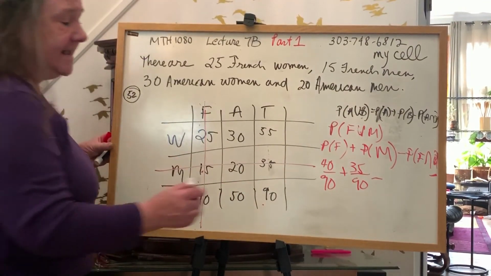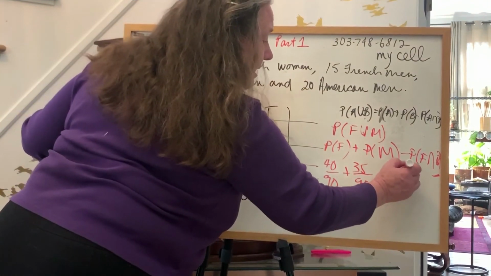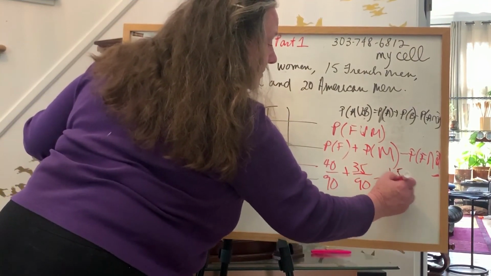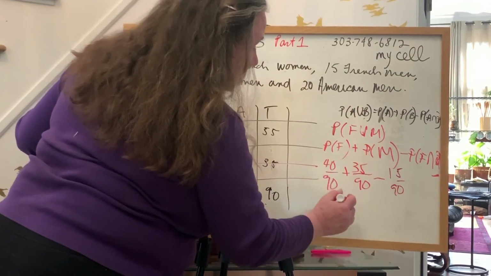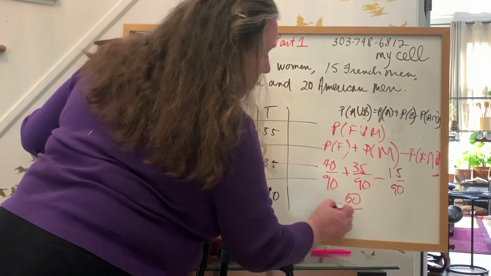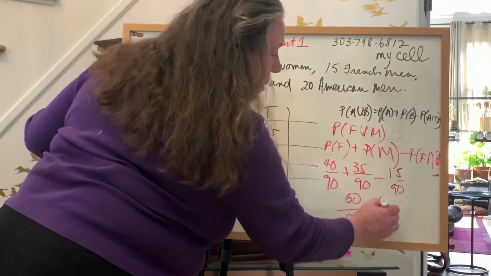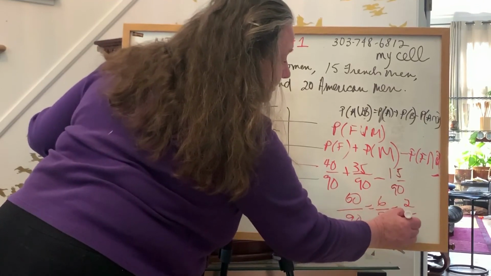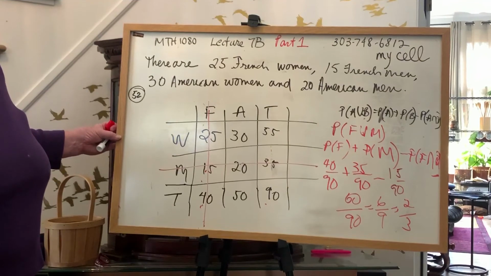So I have to take out one set of them. 15 out of 90. So we have 40 plus 35 minus 15 is 60 over 90, or 6/9, or 2/3. Any of those answers is wonderful, and you can check them by dividing. I hope that's clear, class.